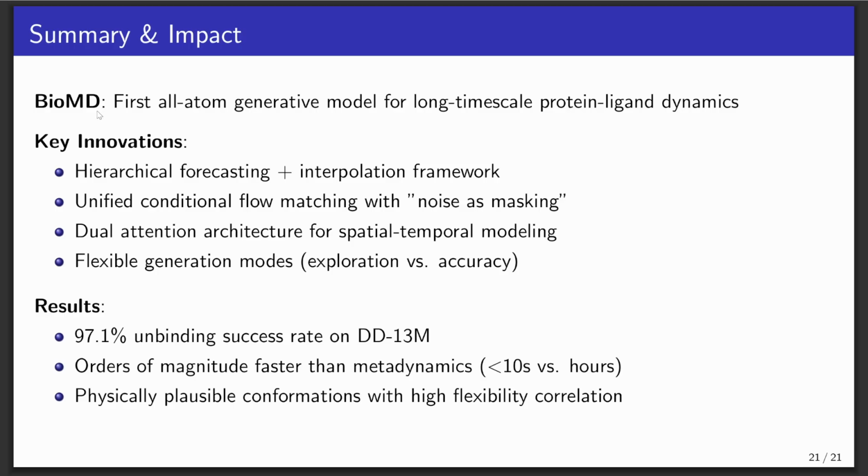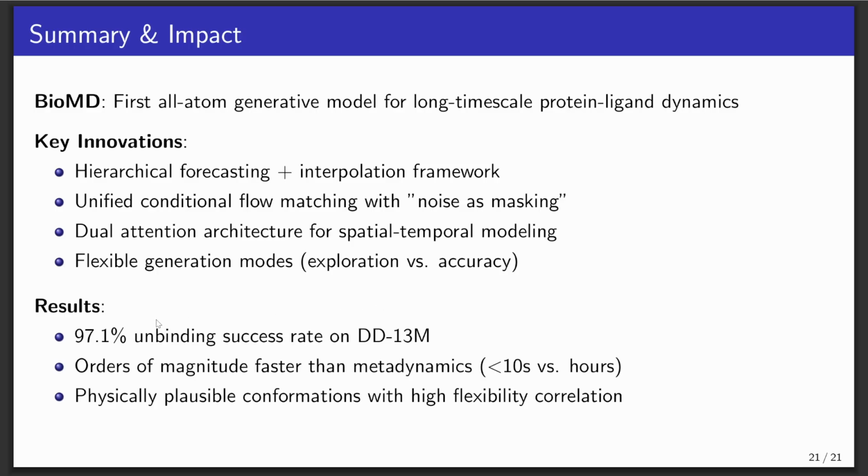So BioMD is the first all-atom generative model for long-timescale protein-ligand dynamics. It proposes a hierarchical forecasting plus interpolation framework, and it uses unified conditional flow matching with noise as masking. For both stages, it uses a dual attention architecture for spatial-temporal modeling, and it is suitable for flexible generation modes, for example, for exploration or for better accuracy.